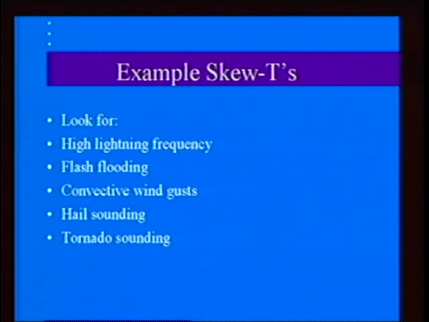And now we're going to look at some example Skew-Ts, and on each one of these we're going to assess whether there's a high lightning frequency, whether it could cause flash flooding, convective wind gusts, large hail, or a tornado.